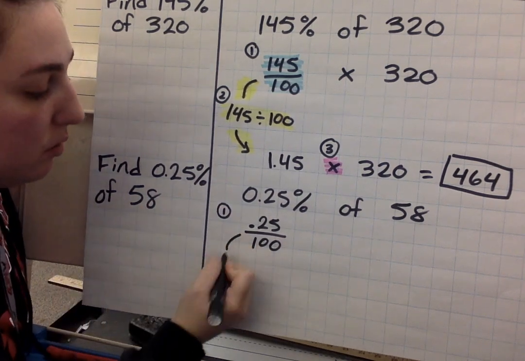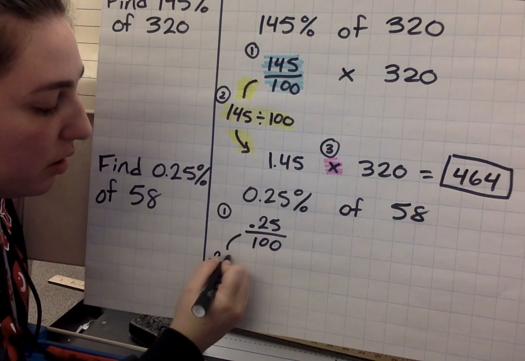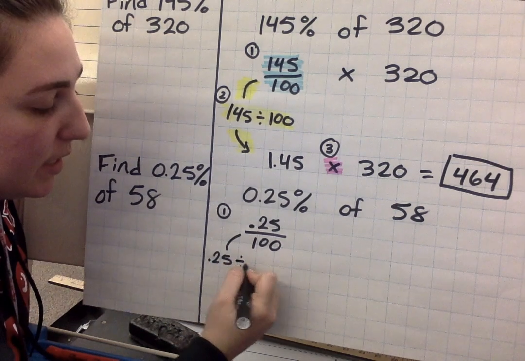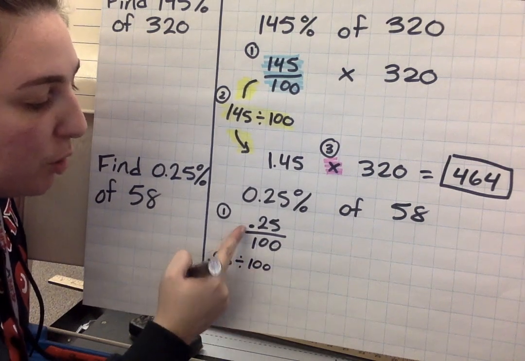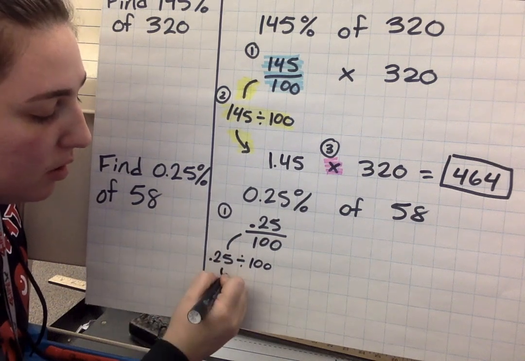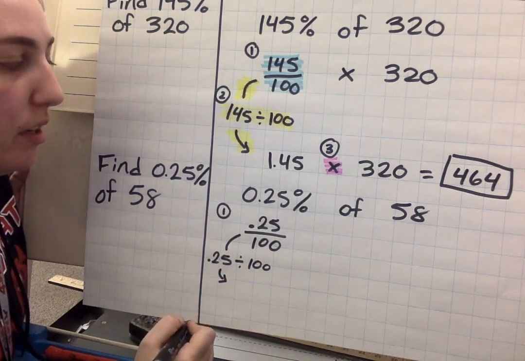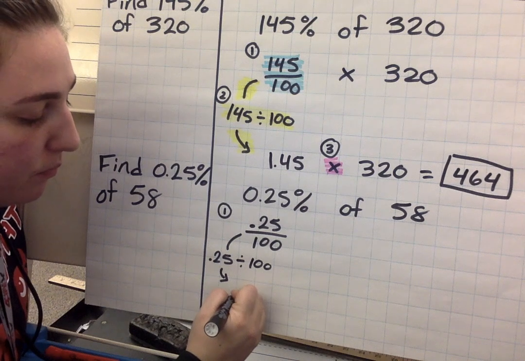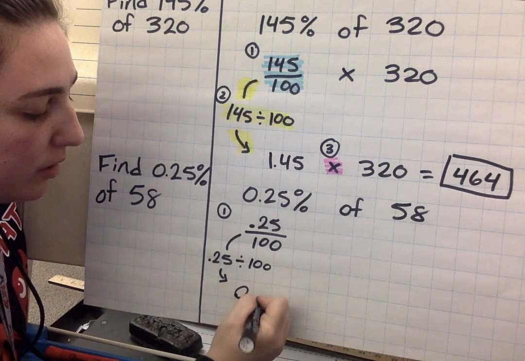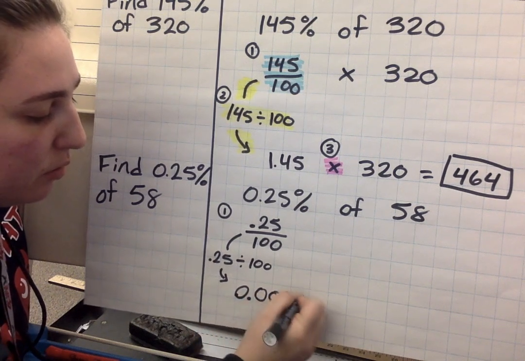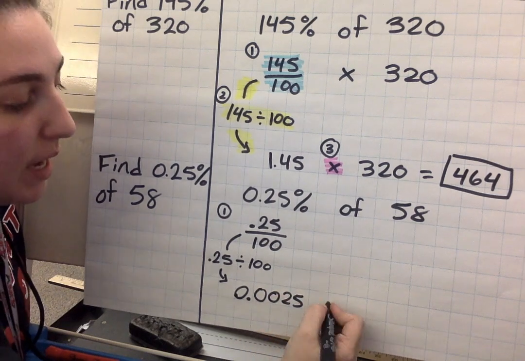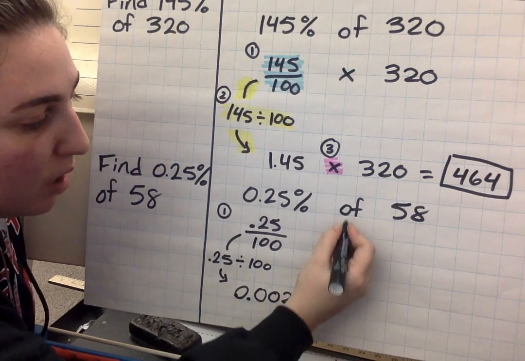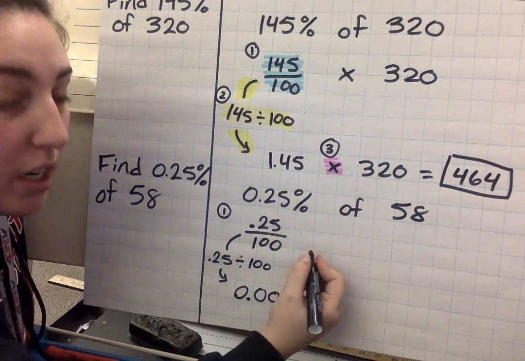Step 2 is to turn my fraction into a decimal. So I'm going to divide numerator by denominator. Put that into your calculator and you're going to get 0.0025.